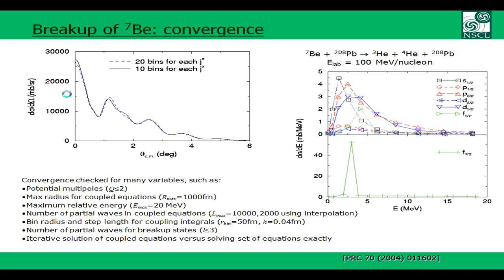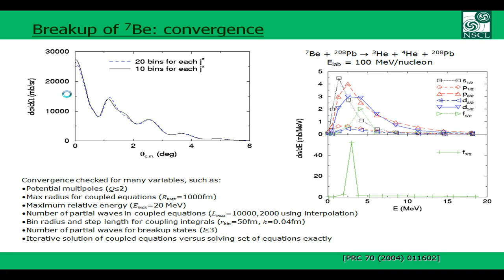If you start out with a very small discretization, you pay a high price. The number of partial waves, the number of channels is gigantic, right? So you should take the opposite. Start with a relatively modest number of bins, making bins that are perhaps too broad, and then learn how much smaller they need to be in order to contain the information that you desire. And it will depend on the observable you want to calculate. So that's another point.